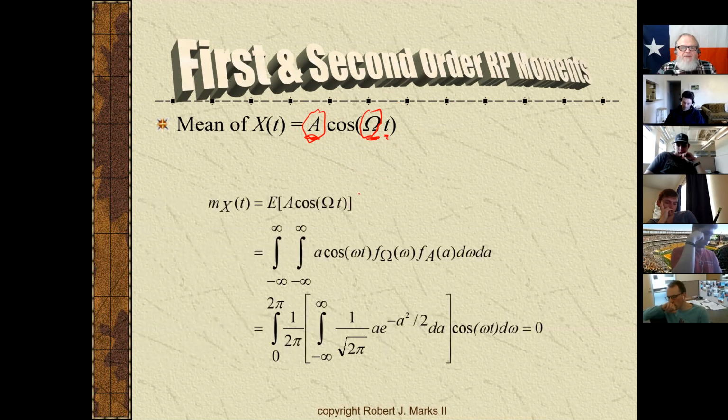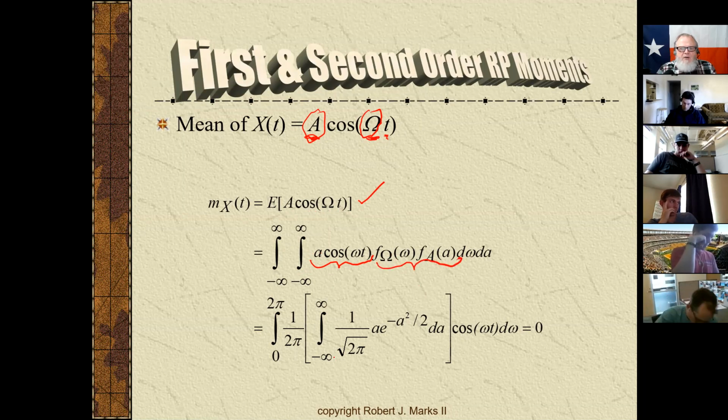So here's the simple math. This is equal to the expected value of A times cosine of omega t. So here is the function, right? And since they're independent, the joint is the product of the marginals. So here is the product of the marginals, f sub omega.